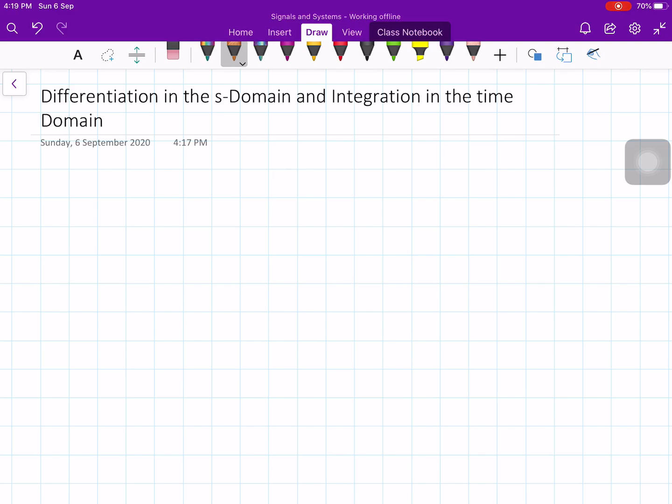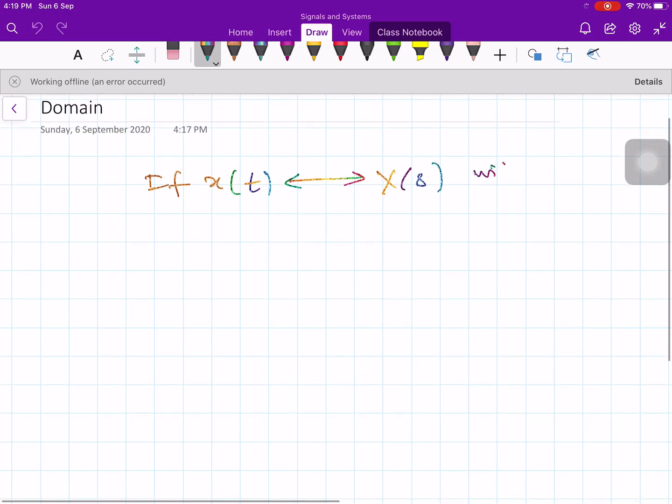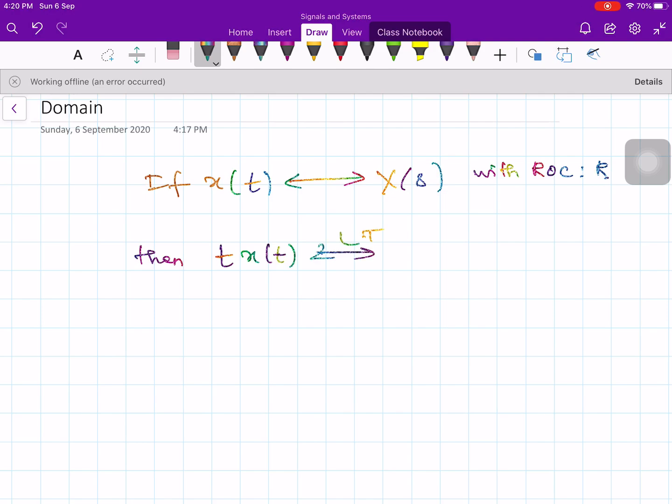So if x of t has Laplace transform x of s with ROC R, then t times x of t has Laplace transform minus 1 times d times x of s divided by ds.